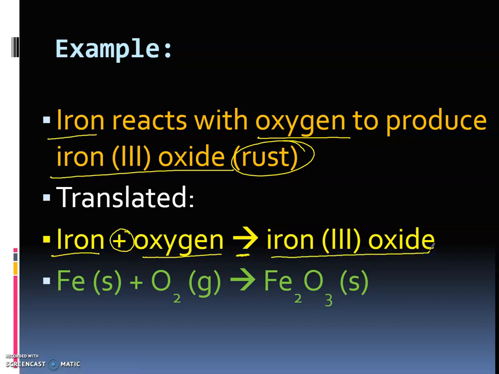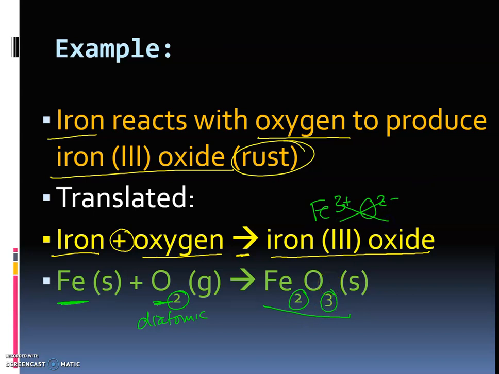And because we know our symbols from that chapter, we can translate it into Fe and then O2 and Fe2O3. Okay, O2 was one of those diatomic elements, so we know that we're going to have an O2 here. Iron 3 oxide is Fe3+ and O2-, and then we crisscross to get Fe2O3.